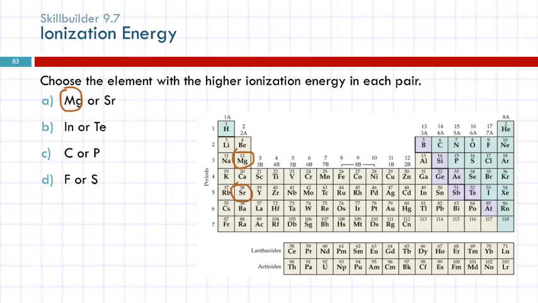You don't need to know their names to answer these questions. There's tellurium and there's indium. In and Te. Higher ionization energy is tellurium. As you go across, the atoms get smaller and the ionization energy gets stronger. So higher ionization energy would be Te.